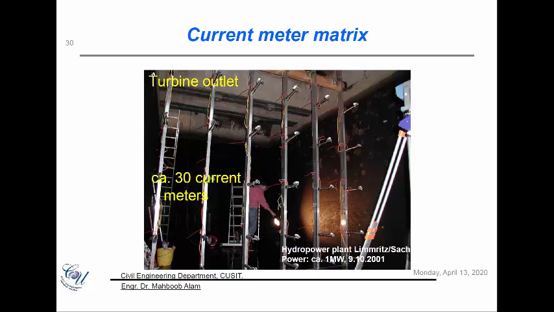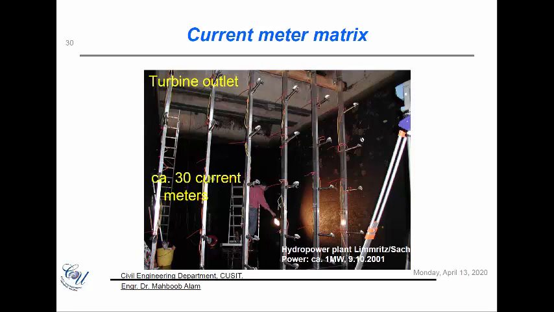So for example, let's say you have this much area, a turbine outlet for example, and let's say the whole area is filled with water and water with very high velocity is flowing through it, then you have a complete matrix of current meters installed all around the area, and each one of them is connected to a certain system, and you can get the velocities at each and every point.